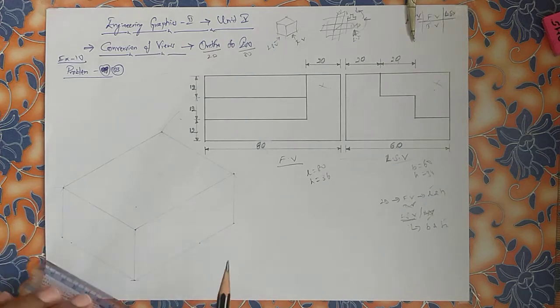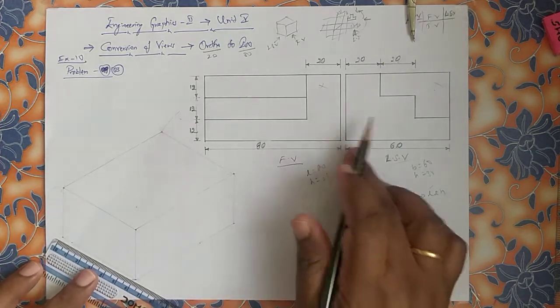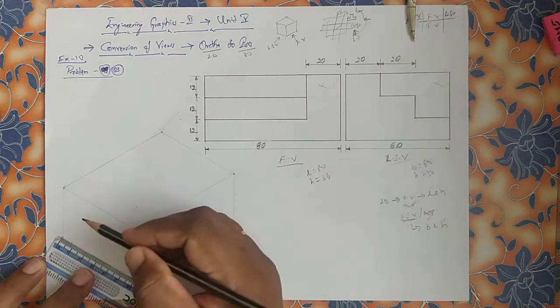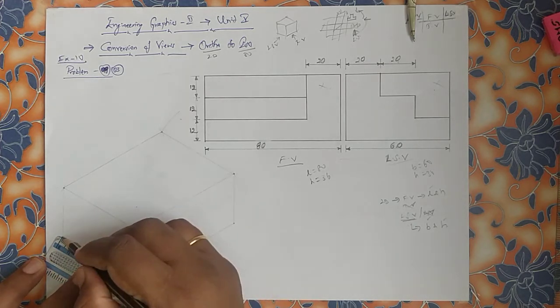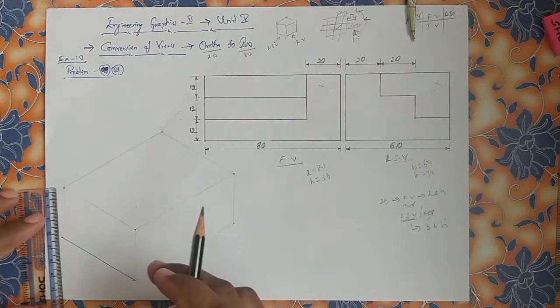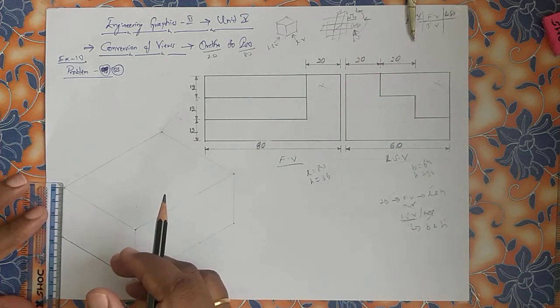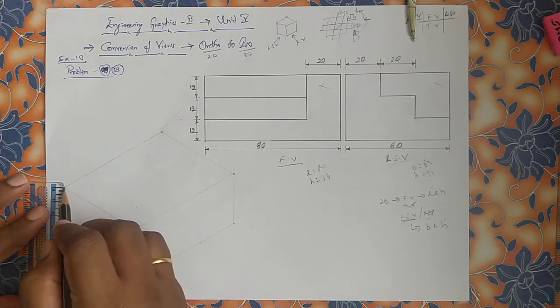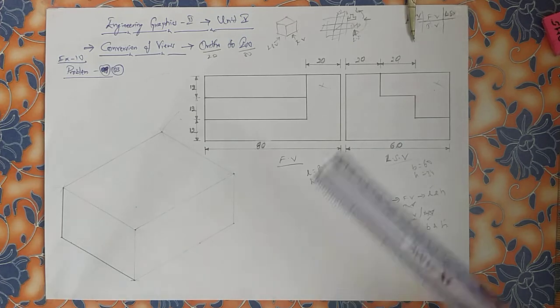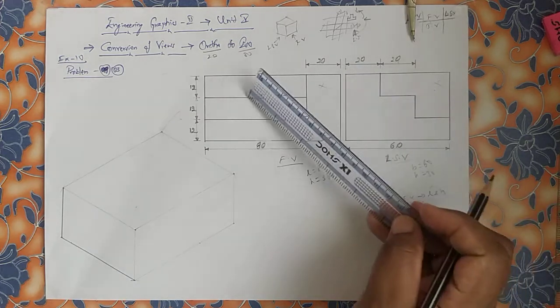So usually nothing but it's making thick lines. 60 width, total height 36. Now this step 20 down 12.